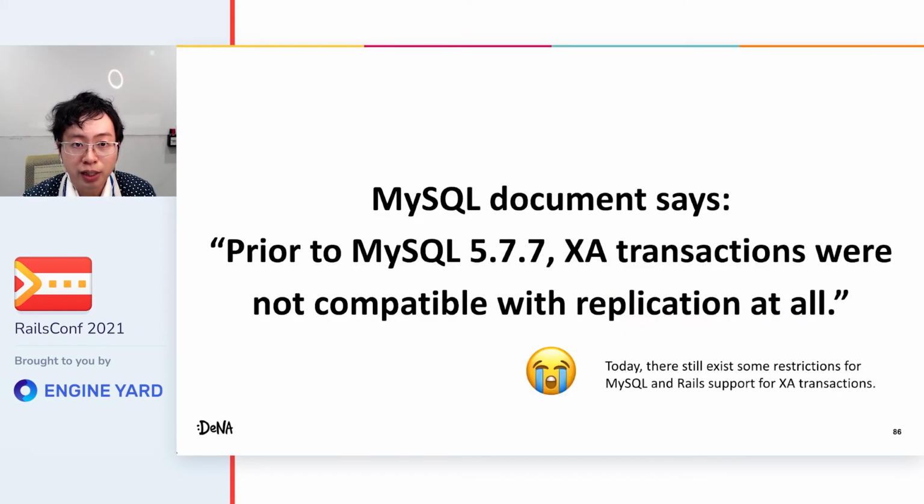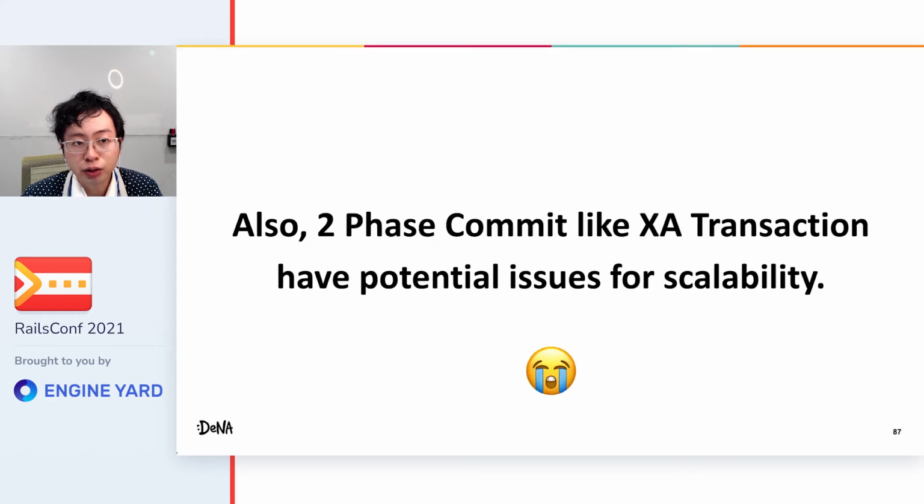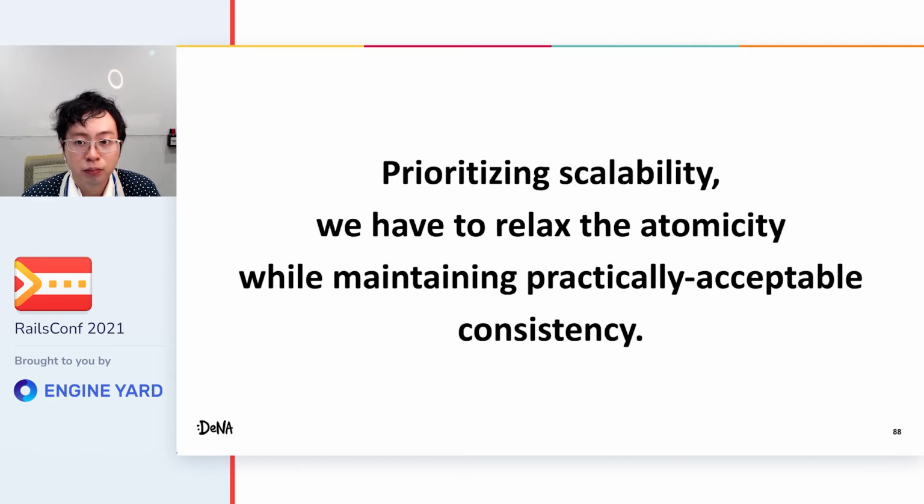However, unfortunately, the MySQL document says that prior to MySQL 5.7.7, XA transactions were not compatible with the application at all. Also, two-phase commit like XA transaction has potential issues for scalability. Prioritizing scalability, we have to relax the atomicity while maintaining practically acceptable consistency.